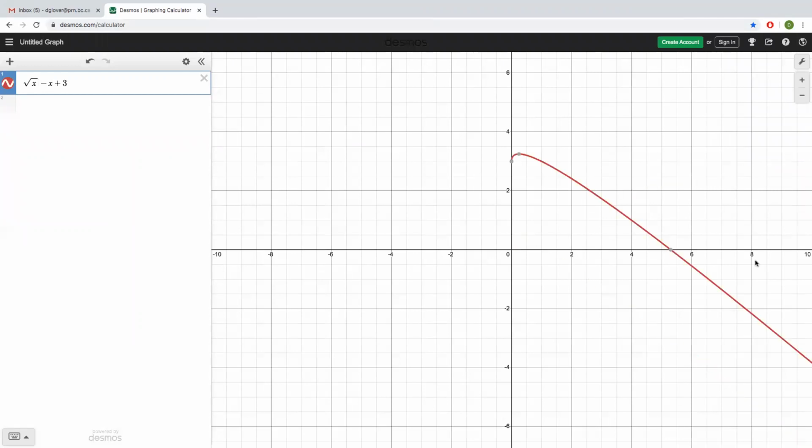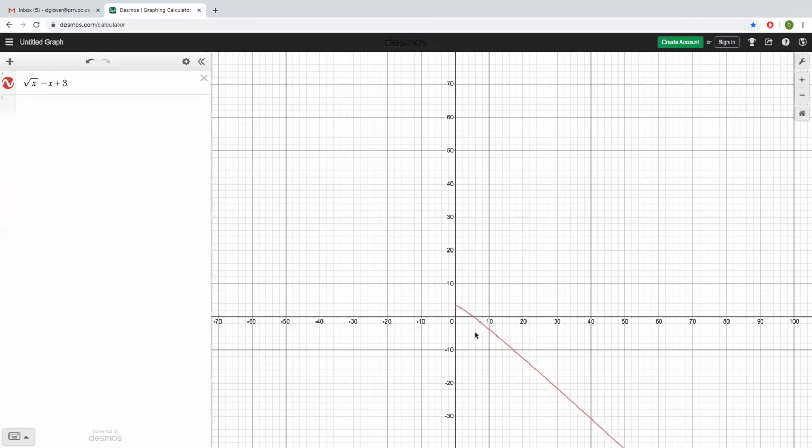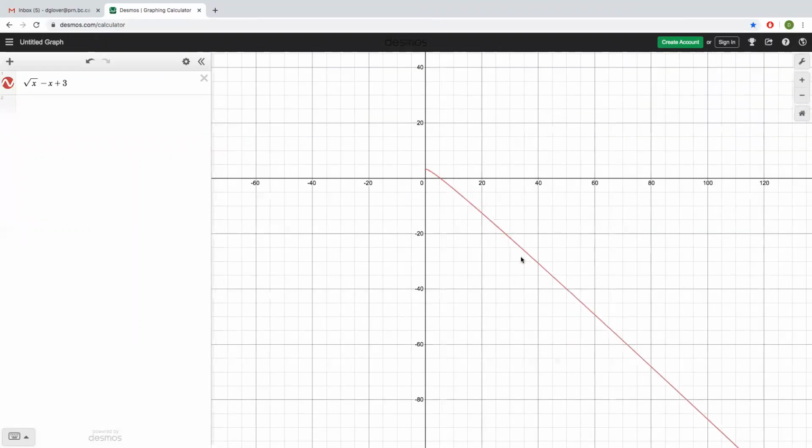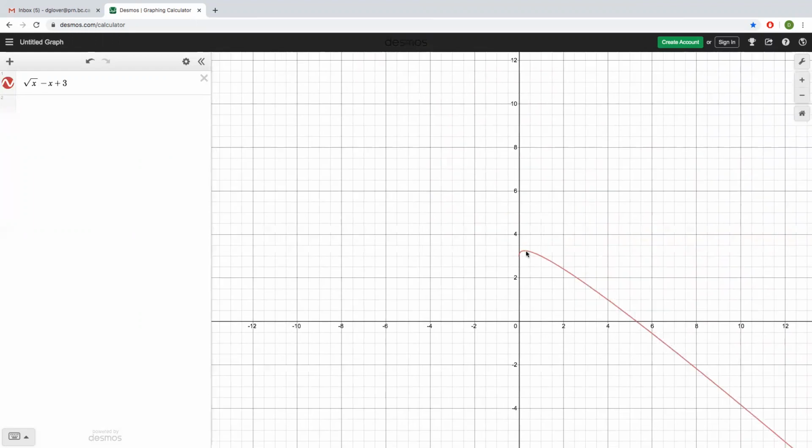We get a function that looks like this. What I'm interested in is the range, and if you zoom way out, it kind of looks like a straight line. But it does have a maximum point, and the maximum point is right here at 3.25.